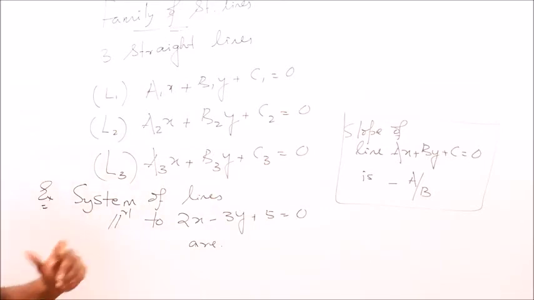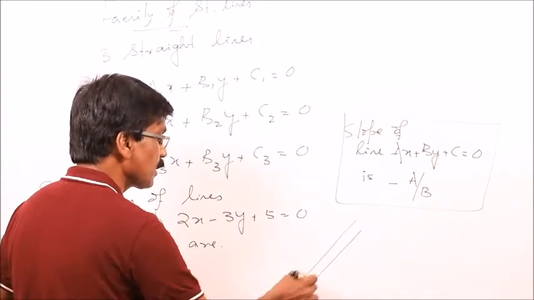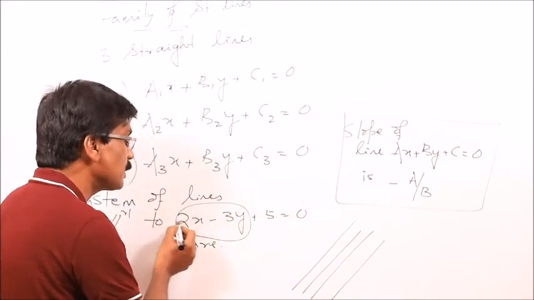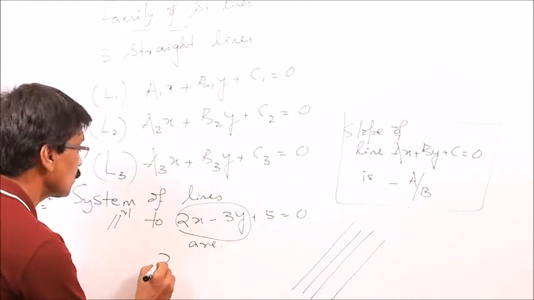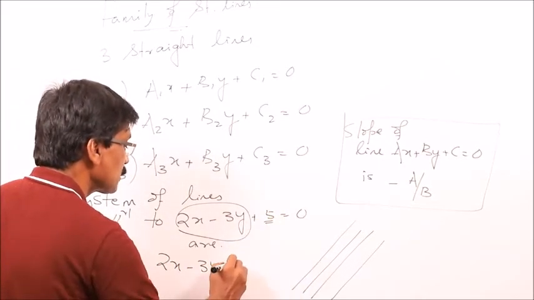So all those lines which are parallel to this line, so we have system of lines parallel to a given line. We kept intact x and y part, that is 2x minus 3y, and replace constant by plus k is equal to 0.